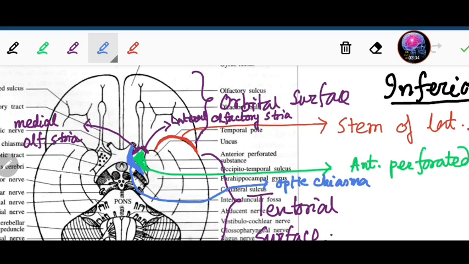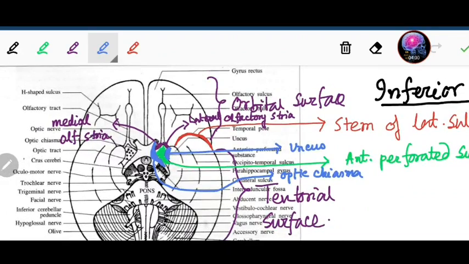This is the uncus. The curved anterior portion of the parahippocampal gyrus, about which we are going to discuss later, is called the uncus. So all these structures bound the anterior perforated substance.